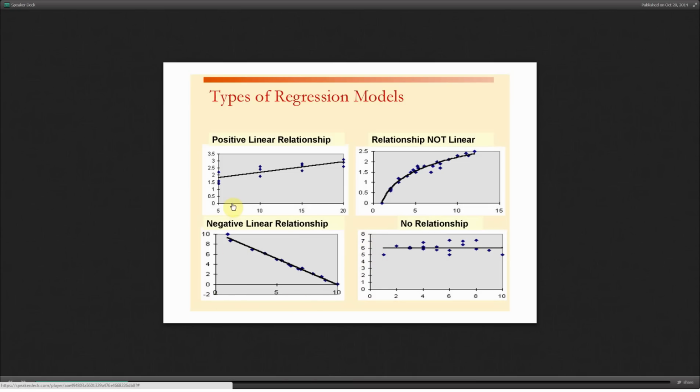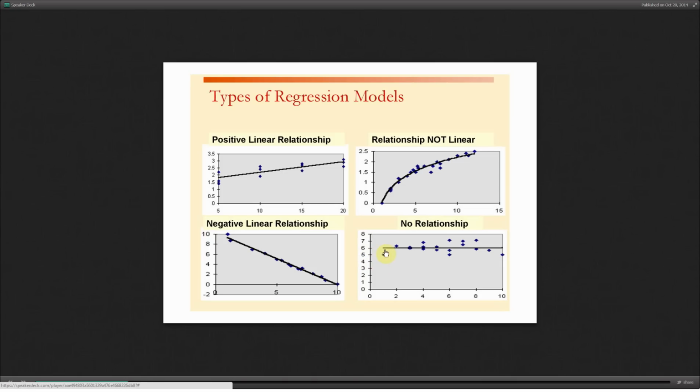Here you can see that as the independent variable increases, the dependent variable also increases. Here, when I increase the independent variable, the dependent variable decreases, hence it's negative. But in this one, as I increase or decrease x, it doesn't say anything about whether y increases or decreases.